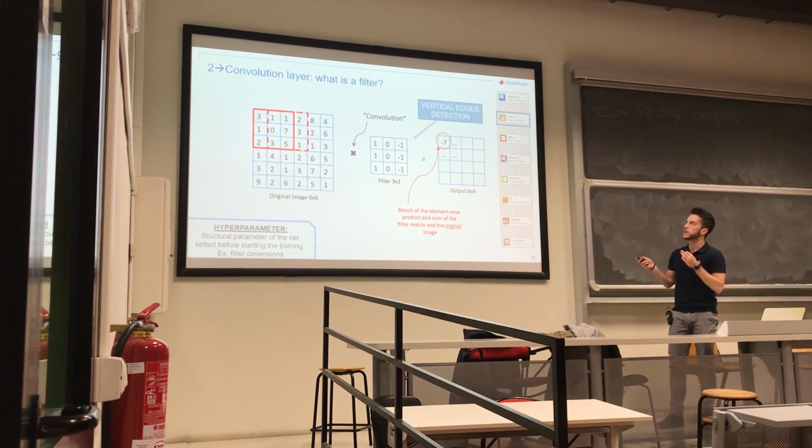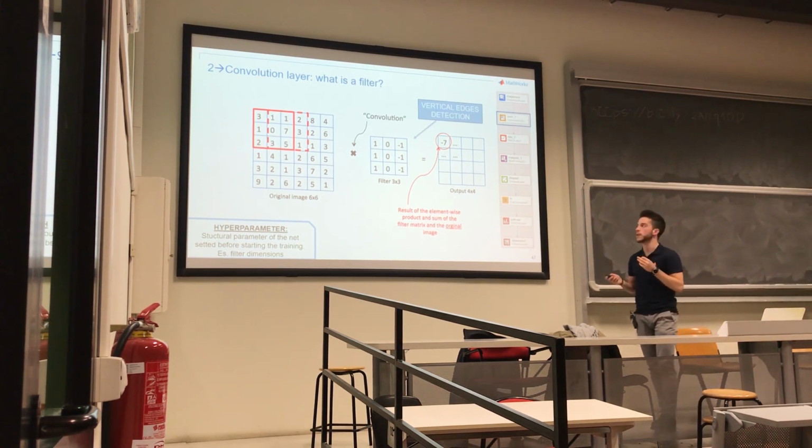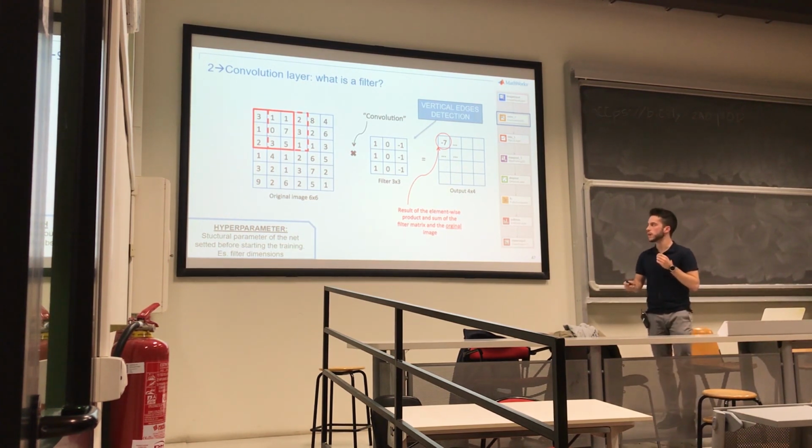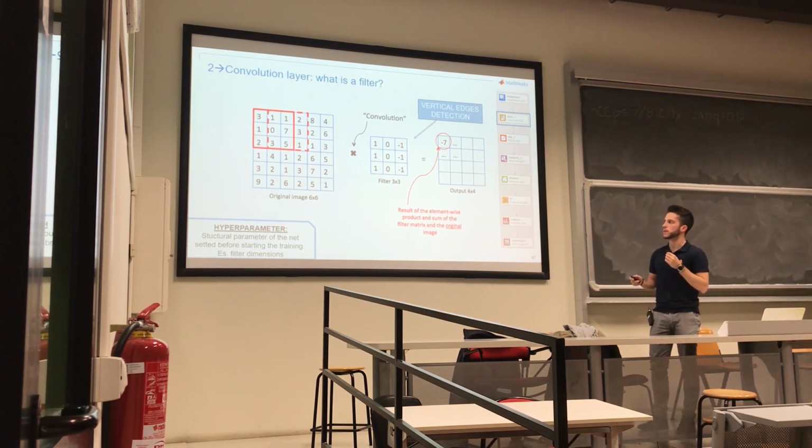And in this case, if there is a vertical edge, we will have very high values. Very high values mean that in this particular point there is the feature that I selected. So now I want to get this particular answer.